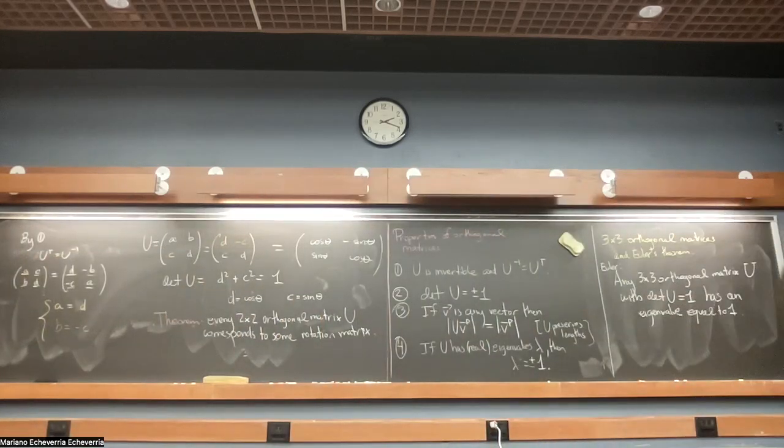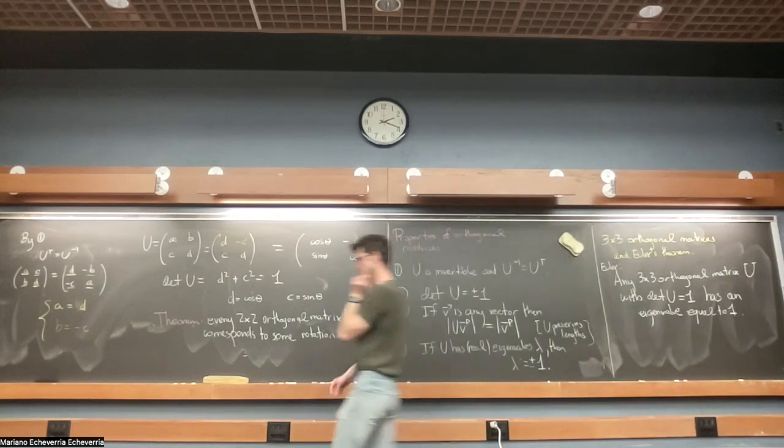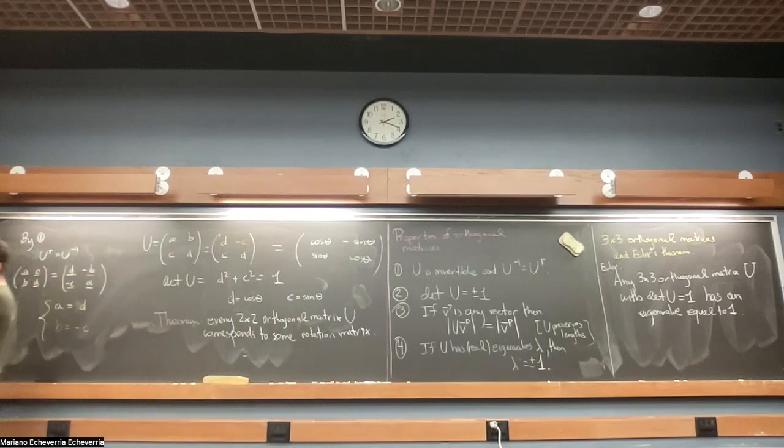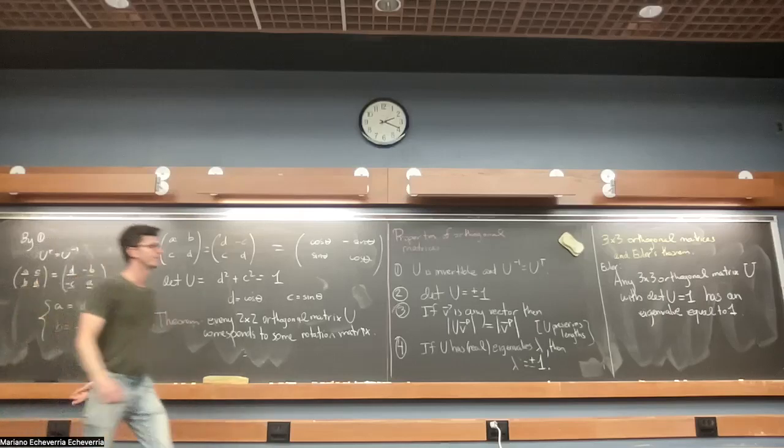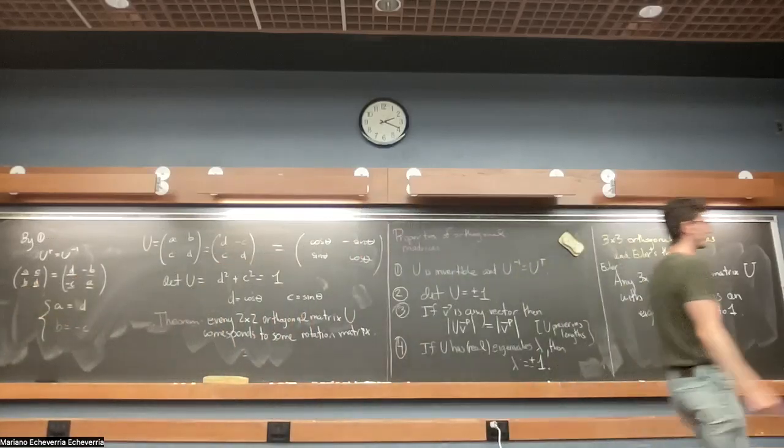I'll give you the proof because it's very elegant. Then after the proof, I'll explain why this is related to the rotation stuff. It may be obvious to some of you, once we talk a little more about what it means to have an eigenvalue equal to 1.